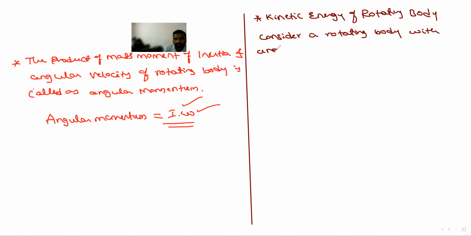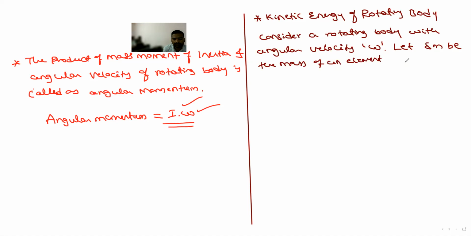omega. Let delta m be the mass of an element which is at a distance r from the axis of rotation.